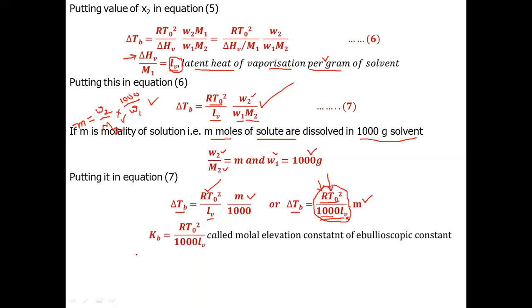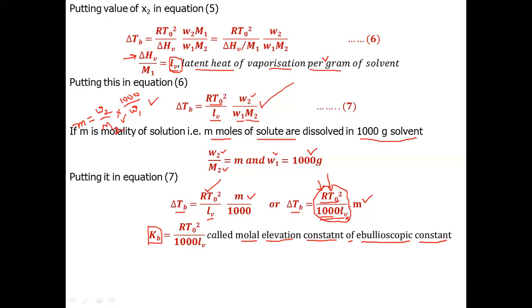We will give the name of this constant as Kb, where Kb is equal to RT naught square divided by 1000 into LV. This is called the molal elevation constant, and its other name is the ebullioscopic constant.